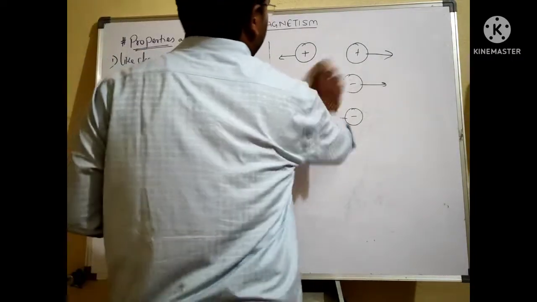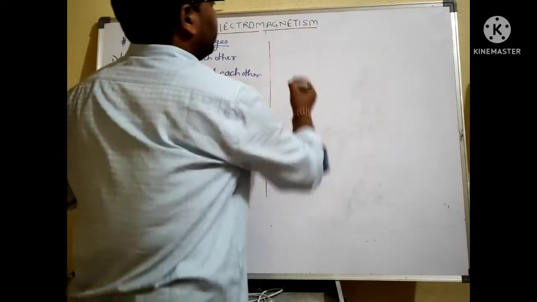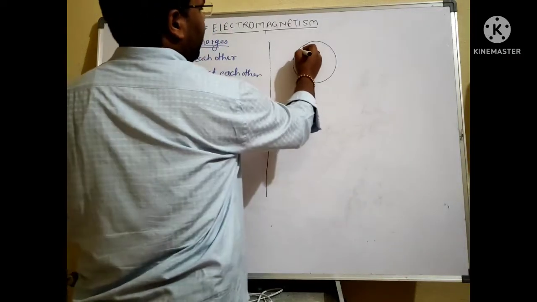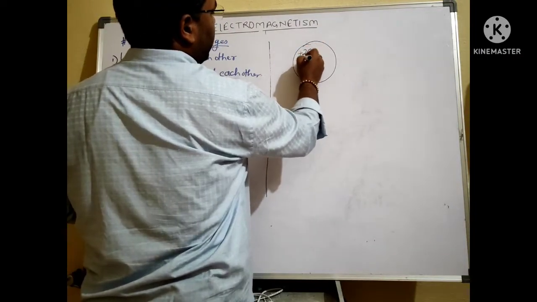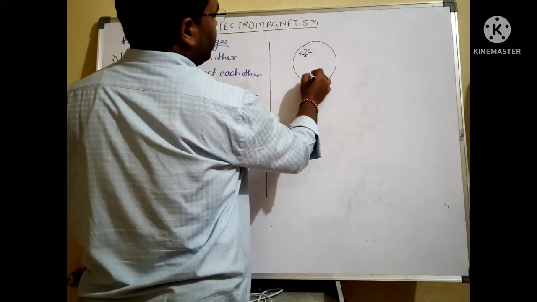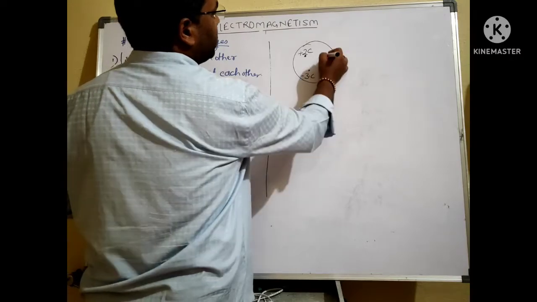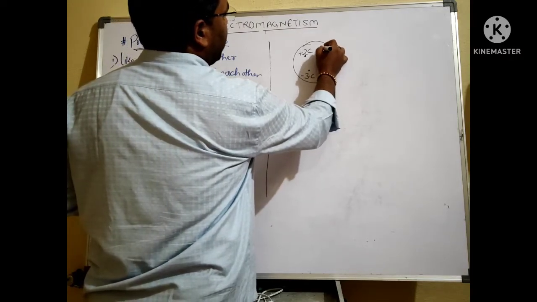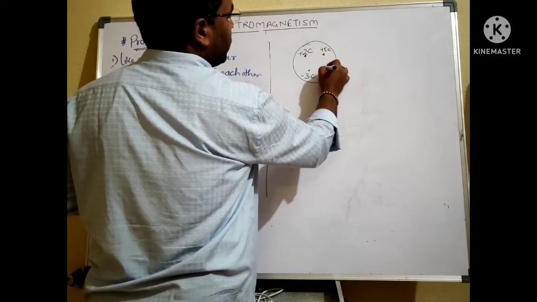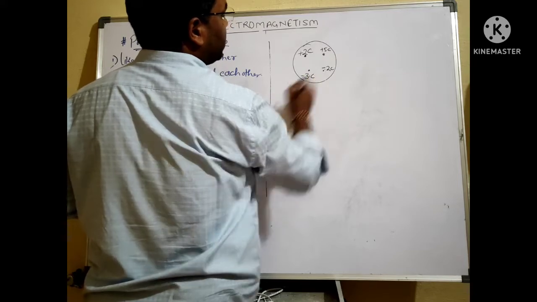Consider this is a metallic object with positive 2 coulomb of charge at this point, negative 3 coulomb at this point, positive 5 coulomb at this point, and negative 2 coulomb at this point.